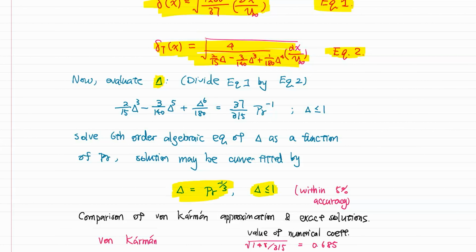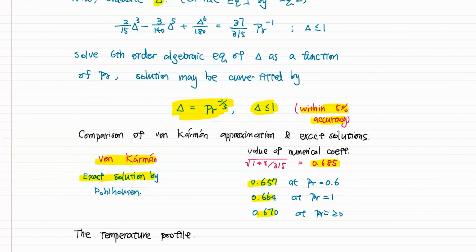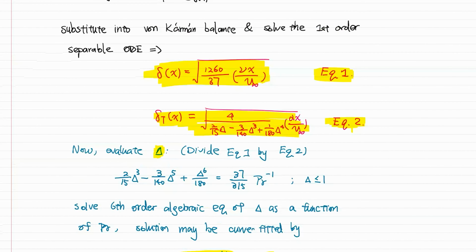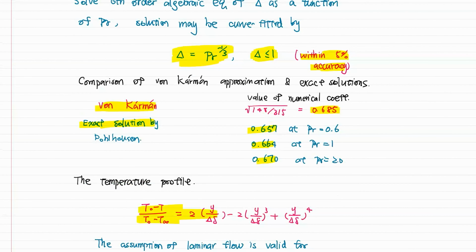And this gives us quite good accuracy within 5%, and that can be further justified by looking at the comparison between the von Karman solution versus the exact solution here. You can see that the coefficients are fairly similar in their magnitude or orders. Now, having the thermal boundary layer figured out, we basically will substitute that back to our guess for the temperature distribution. That's why we now have the temperature profile written down here.